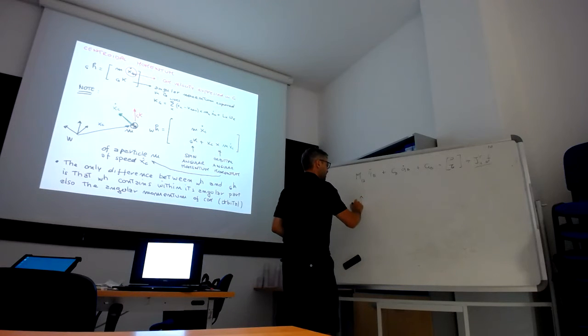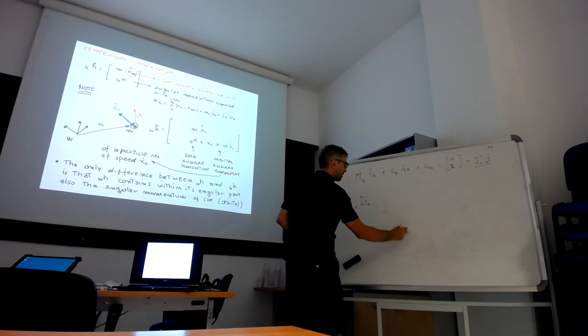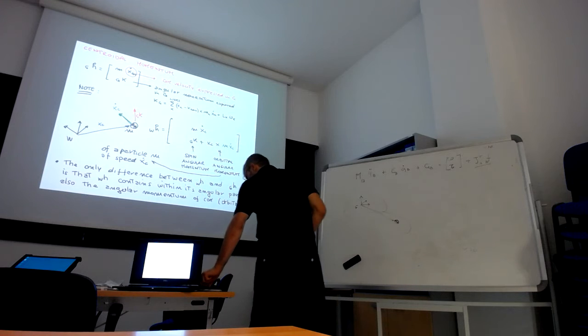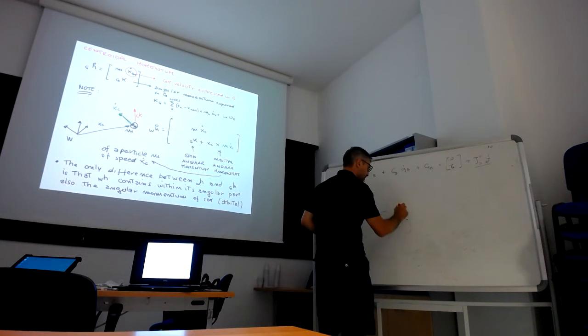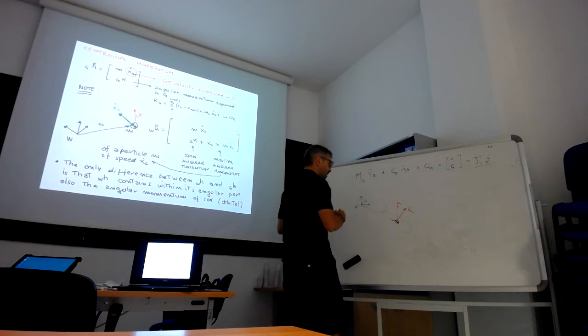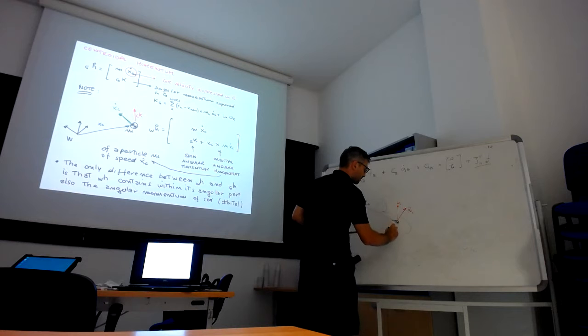we have the frame G. So we have one link here with this little center of mass. This guy will have velocity, and also angular velocity, and we will have a mass and an inertia.